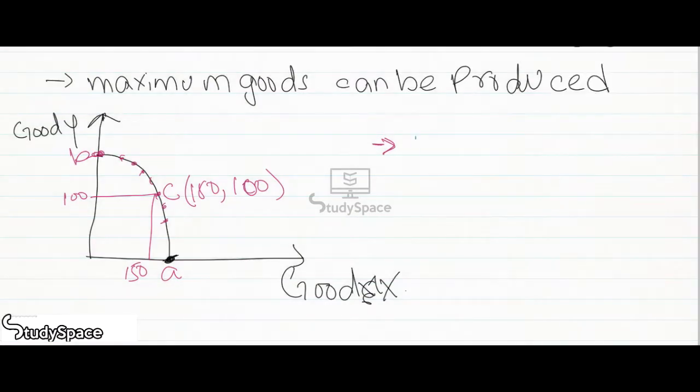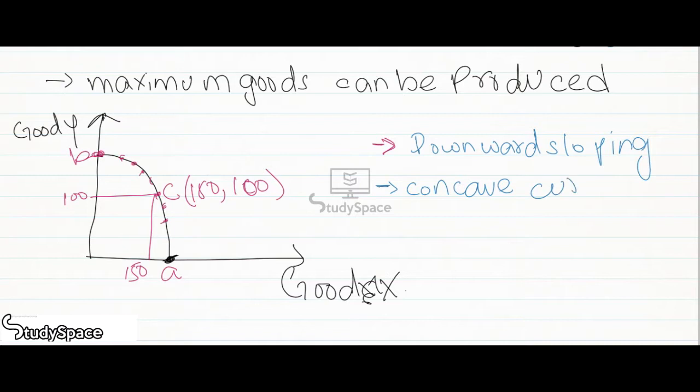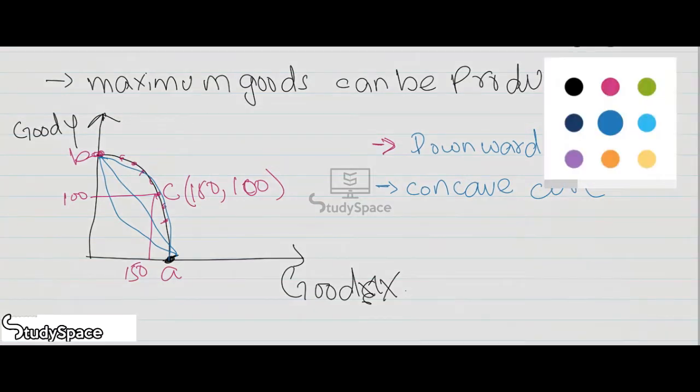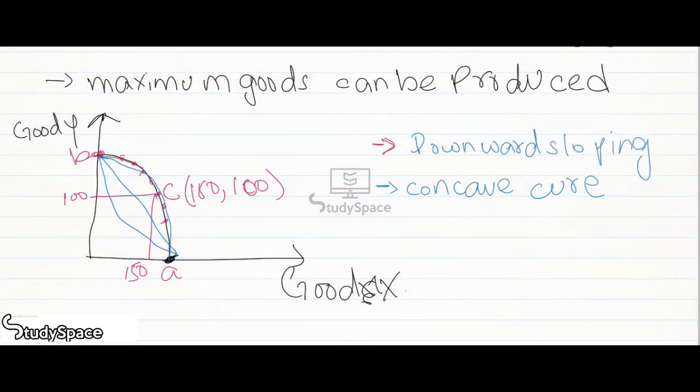The first thing is it is downward sloping. The second thing is it is concave outwards. This is not a straight line or a convex curve, but a concave curve, and there are very good reasons behind why it is concave.